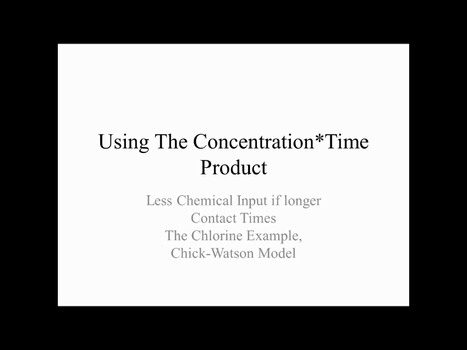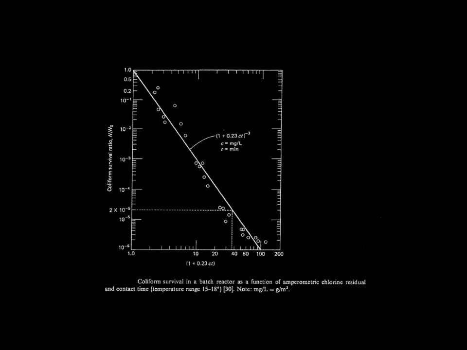So our interest is in less input. We want to understand how contact time affects that. I'll give you the chlorine example to demonstrate it, but I'm not going to suggest we use chlorine. I just want to use it as an example. So here's some old data. The axis on the left-hand side is the number of bugs that are alive, surviving, compared to the number we started with, and it's a logarithmic scale.